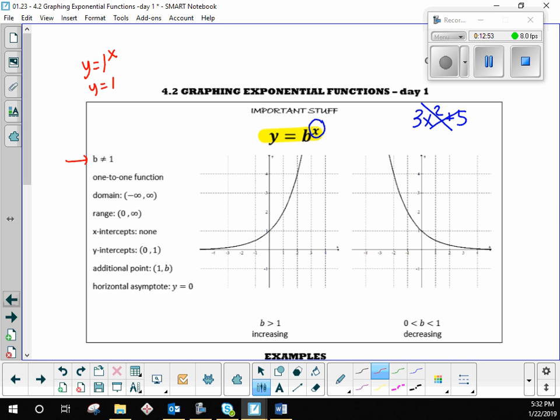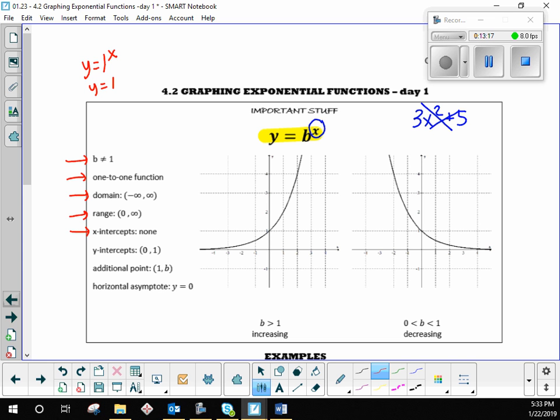These are one-to-one functions because they pass both the horizontal line test and the vertical. The domain is negative infinity to positive infinity because all x values work. However, the range will always be 0 to infinity for the parent functions, if they haven't been transformed up or down.